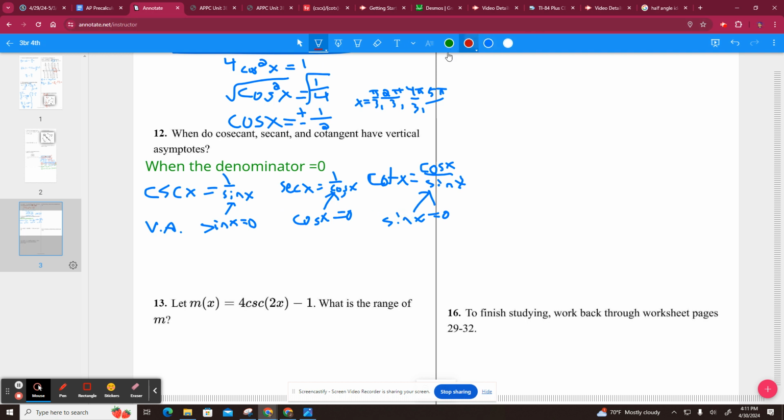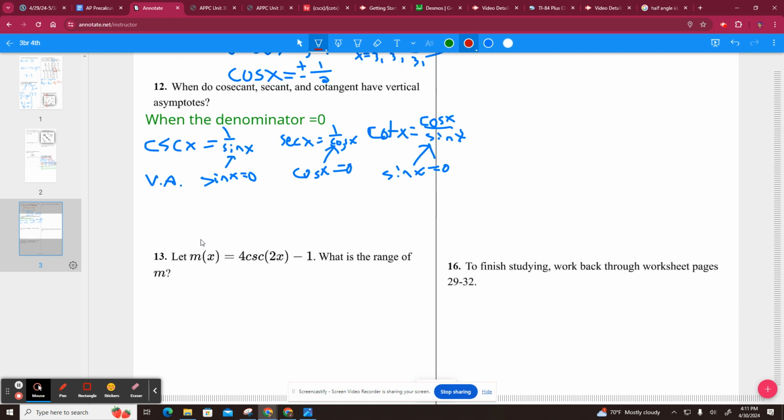Like an example of this, I could do an example for you if you'd like. Let's say we have cotangent of 5x, f of x.